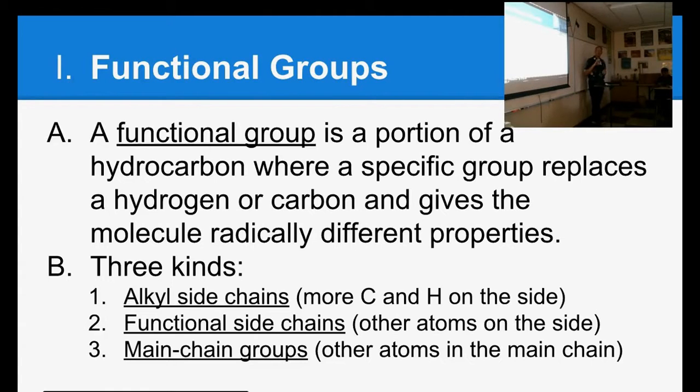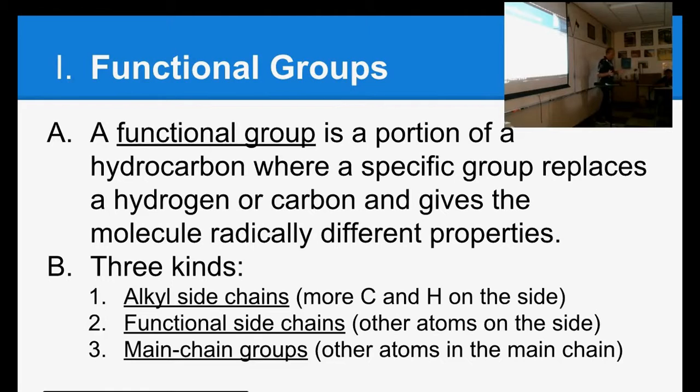There are three basic kinds of functional groups. There's an alkyl side chain where you just add more carbon and hydrogen, but you've got a branch now. So instead of it being a linear molecule, now it is like a T, and it's got something that comes off the side. That's called an alkyl side chain, and I'll show you how to name that. That doesn't change the functionality all that much.